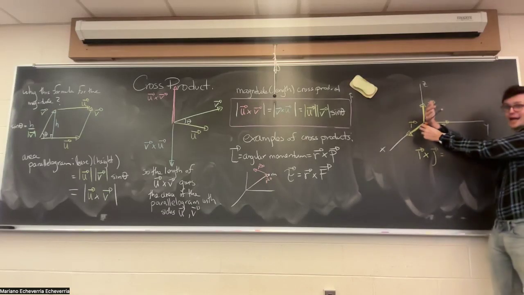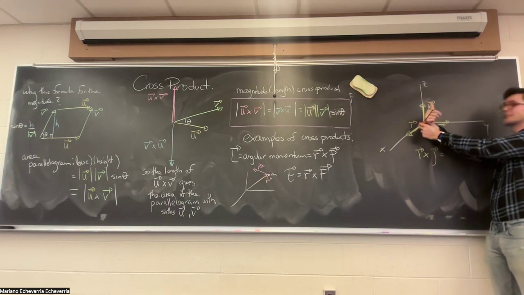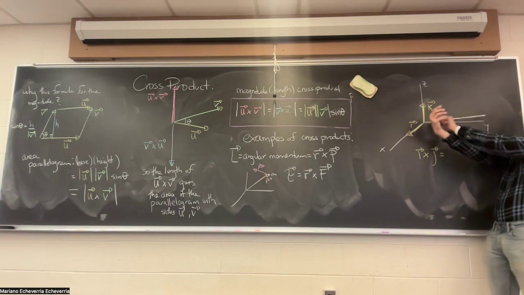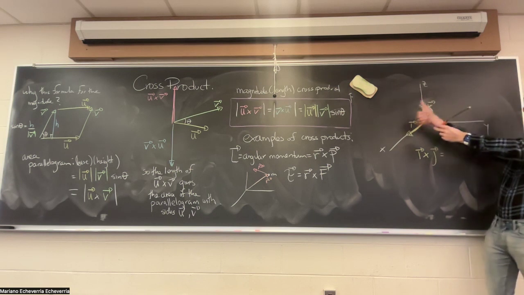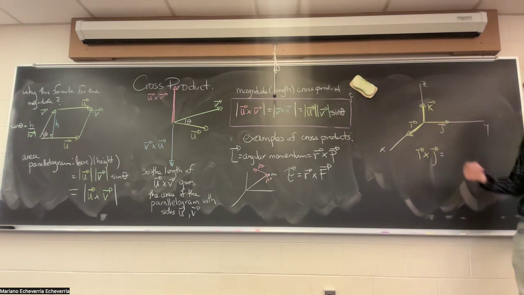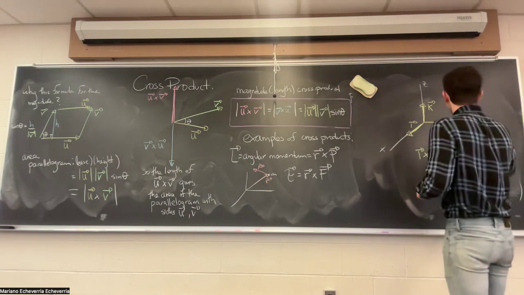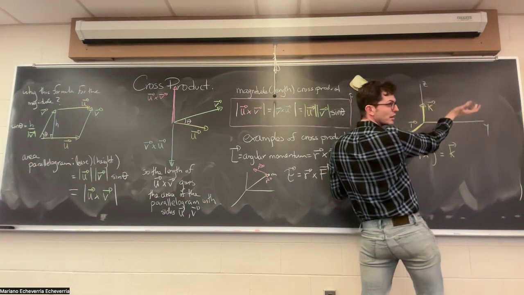So I put my right hand along the i vector and imagine closing it towards the Y axis, which is this way. What happens when you get i cross j? You get k, right? So the convention is to choose the axes in such a way that i cross j gives you k. And then from that, you can figure out the others by a similar argument.